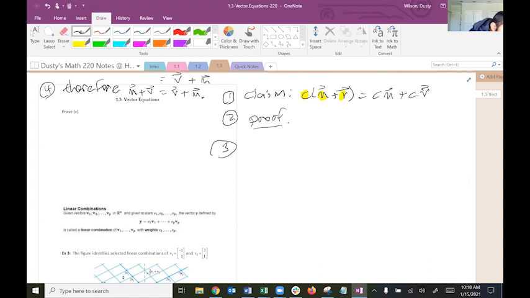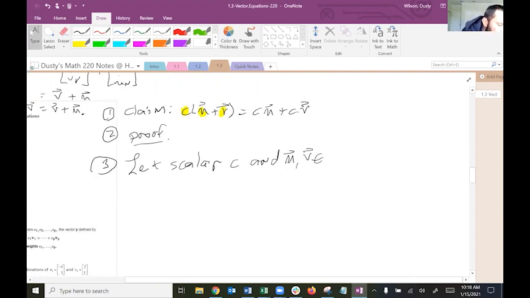And so we will say, let scalar, which just means number, c, and u, v in Rn. So if u and v are in Rn, those are given.